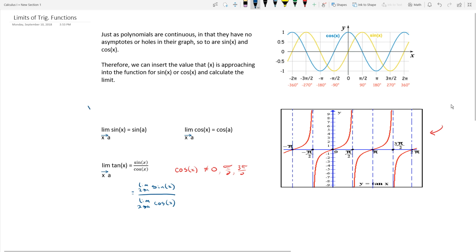And because we've just established that for sine and cosine we can replace x with a, we can then further say that this is equal to the sine of a divided by cosine of a.